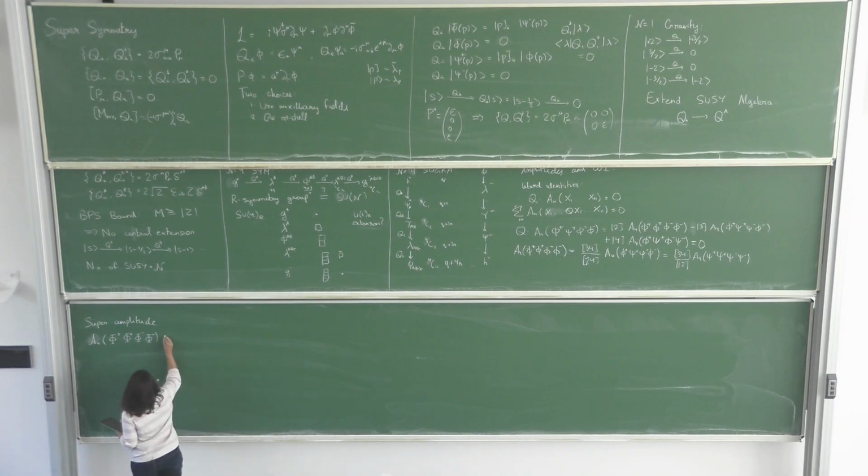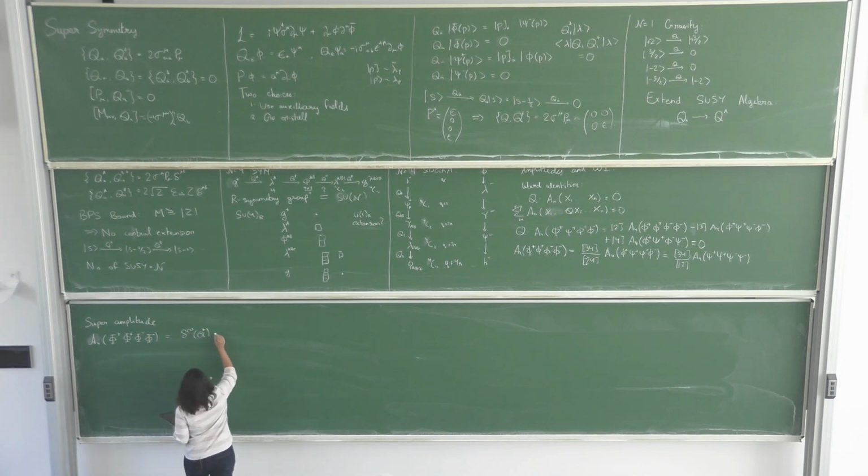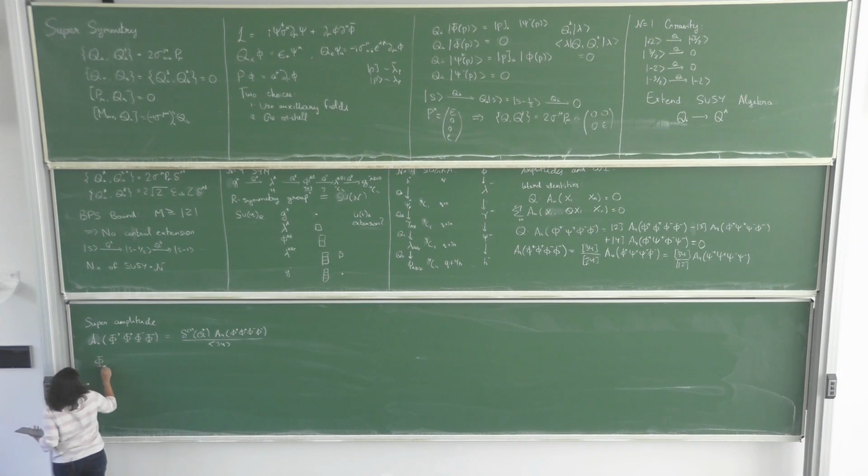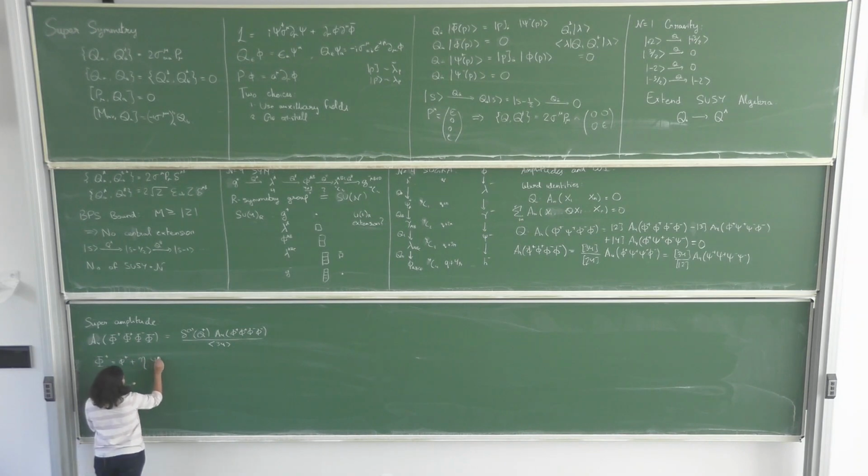I'm just going to write down a few things now, and then we'll go through exactly what all of these mean in a second. Implicitly over here, I've introduced a Grassmann parameter eta, which is how I define my chiral superfields.